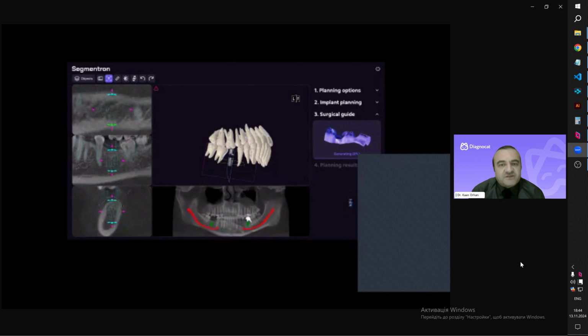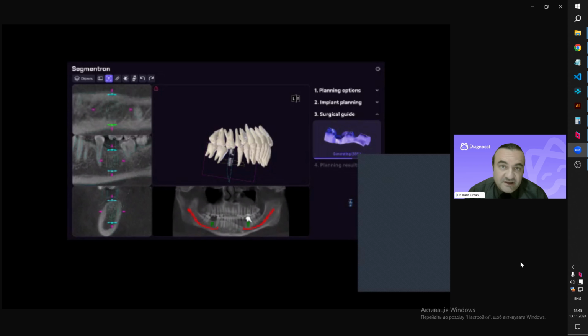So as a radiologist or as a dentist, if you give me this type of CBCT volume and ask me to plan this guide, it will take me at least, I don't know, half an hour or 1 hour to diagnose, because I need to segment all the teeth, I need to mark all the anatomy, put the implants, and so on.